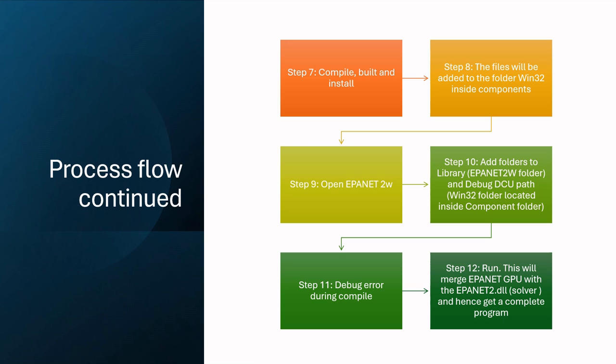There are some errors, like a double A in Applications, so we remove one A, and in the last line we write Application.Run. Once debugging is done, we can run the file, and this will merge the EPANET GUI with the EPANET DLL file, and we will get a complete user interface, the complete program.